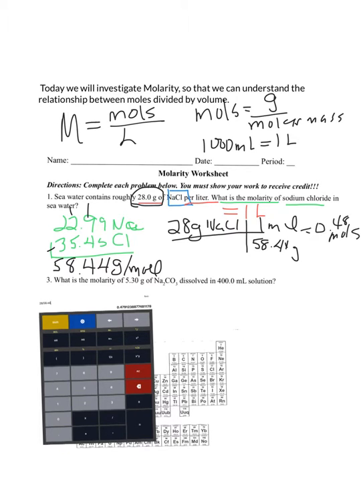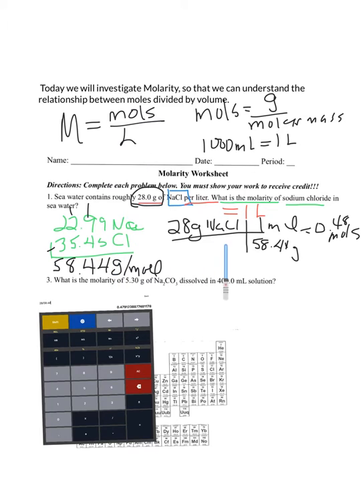All right, let's backtrack. We're trying to solve for the concentration of basically seawater. We already know that 28.0 grams of sodium chloride are for every liter of seawater.